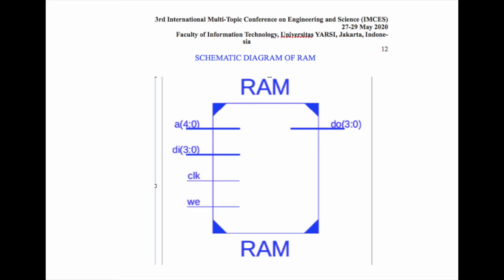There is also WE, which stands for write enable. If it's 0, the RAM does the read function, and when it's 1, the RAM does the write function. The RAM uses 2.209 nanoseconds for input processing and 5.259 nanoseconds for overall output processing.